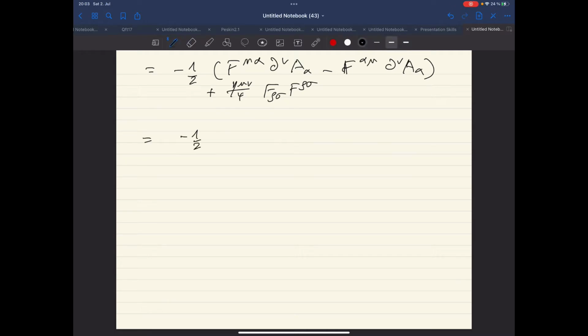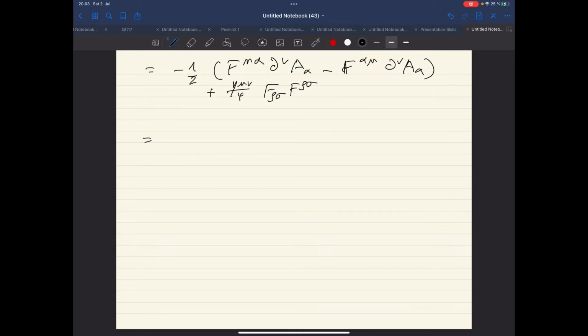So this is equal to minus 1/2 F^{μα} ∂^ν A_α. Actually, because F^{αμ} is antisymmetric, if I change the order of the indices I will get a minus sign, so I will get 2 of them.